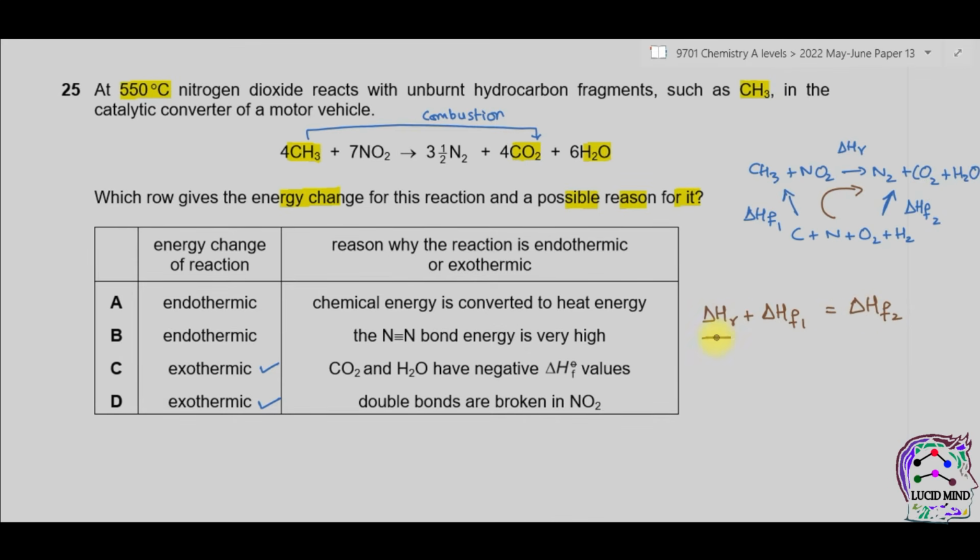In order for this one to be negative or exothermic, this part must be negative. And if this part is negative, it will move over there and become a positive value. So delta HR is equal to del HF2 minus del HF1.